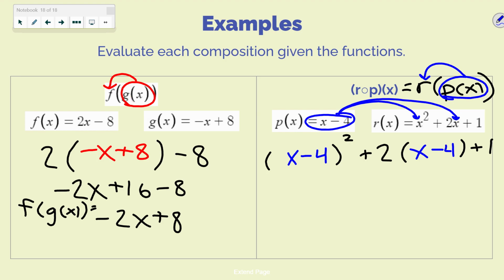So if I have x minus 4 all squared, what does that mean? Square the x and square the negative 4. Oh, not quite. What does it mean to square something? Multiply by itself. So you would do x minus 4 times x minus 4, and you know what? You can FOIL it. Yes, good job, guys.